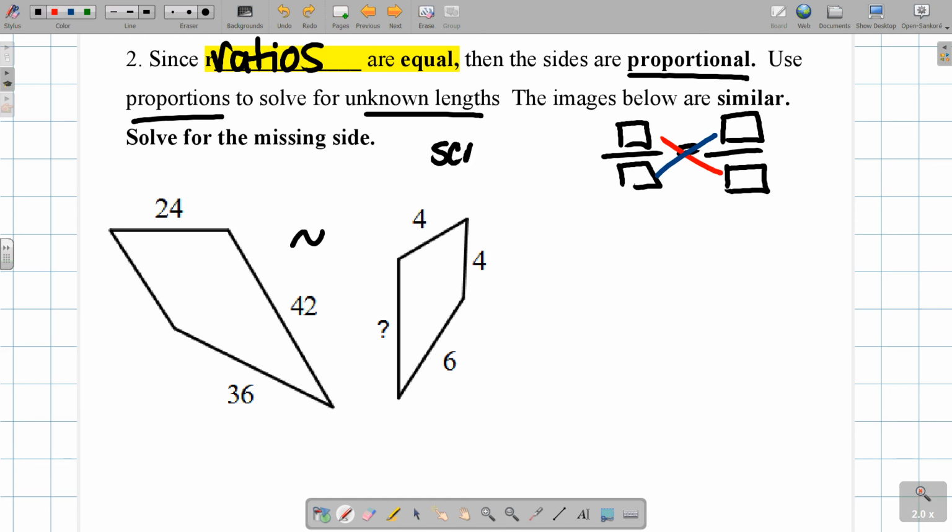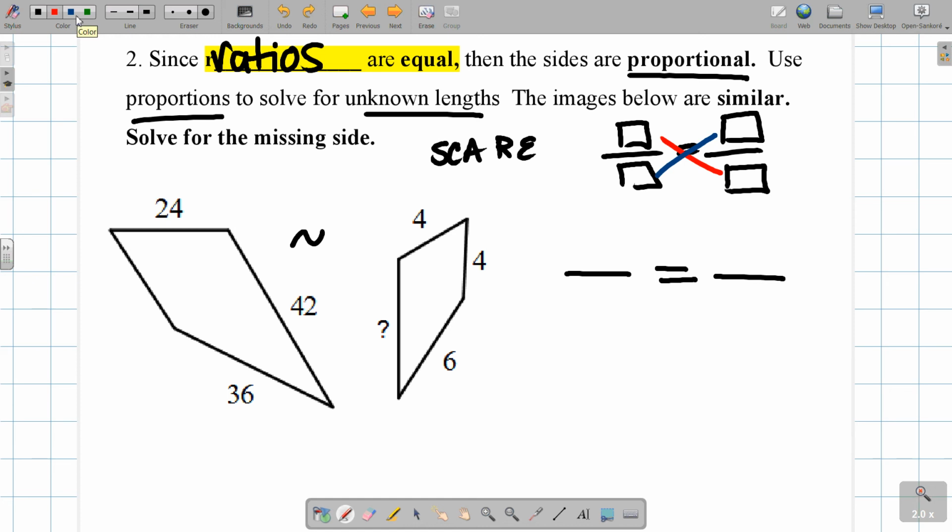Similarity means congruent angles, ratios equal. So immediately I know I have equal ratios, which means a proportion. And the only thing you have to do is match and mirror. Match and mirror. Say those two words with me. Match and mirror. Ready? Let me show you what I mean.